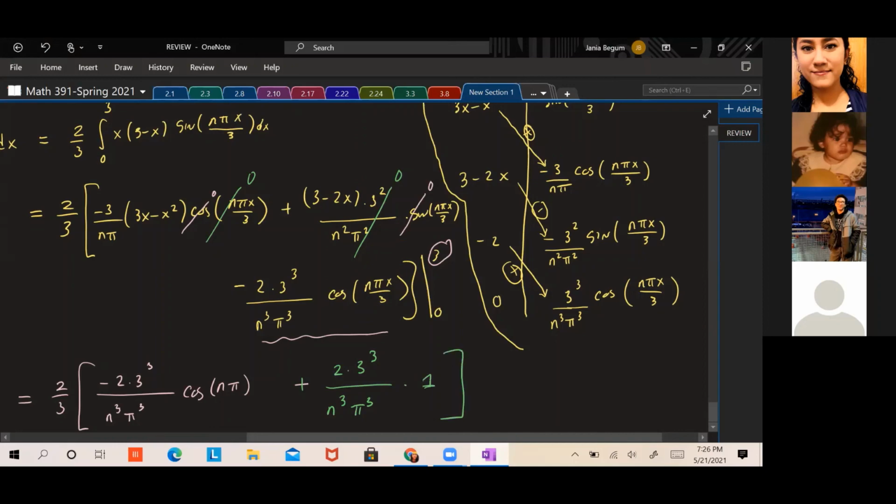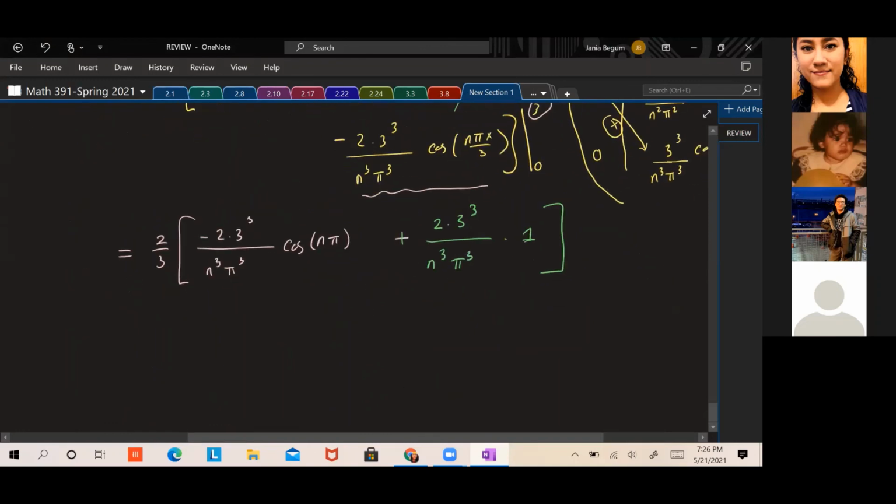We simplified a lot. So now let's make this look prettier. I don't want to compute 3 cubed, which is 27, so I'm just going to keep it as 3. I can cancel this 3 with one of these and reduce it, right?